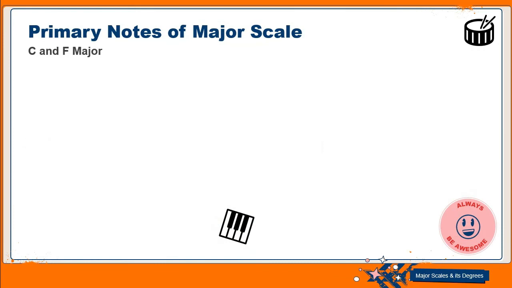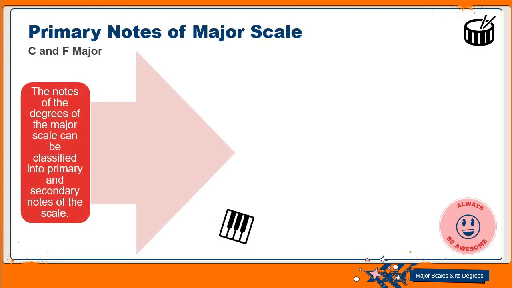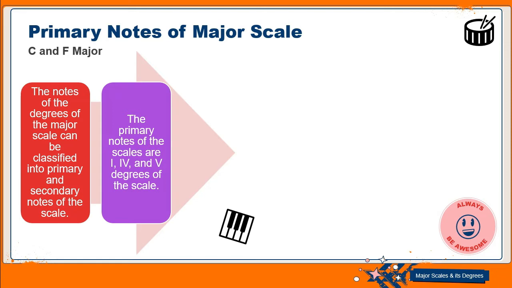Now we want to look at the primary notes of the major scale. The notes of the degree of the major scale can be classified into primary and secondary notes of the scale. The primary notes of the scale are the 1st degree, the 4th degree, and the 5th degree of that scale.